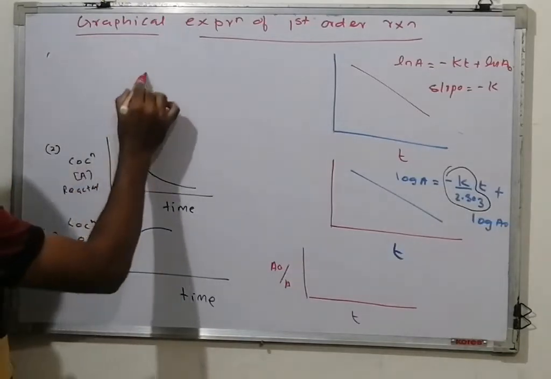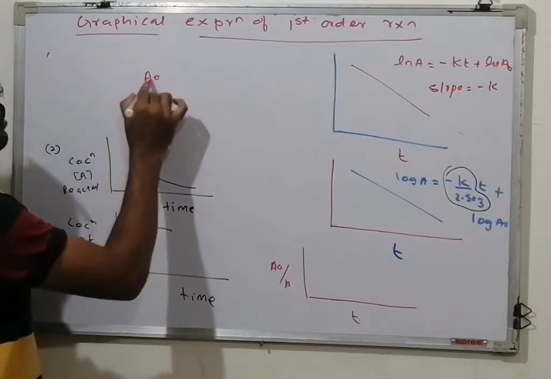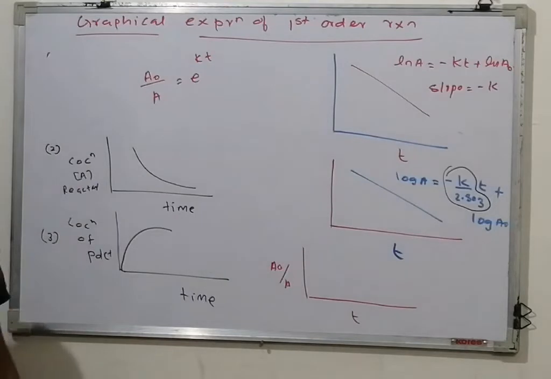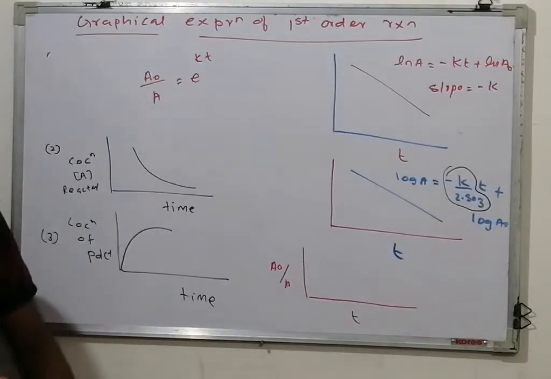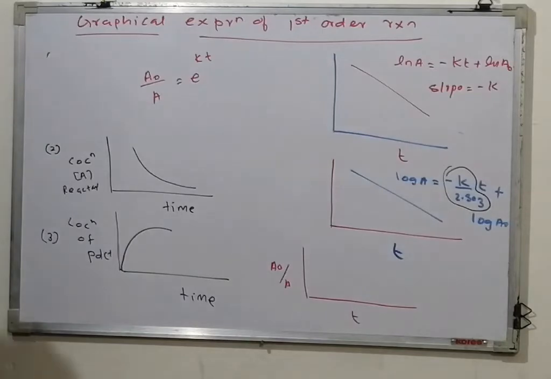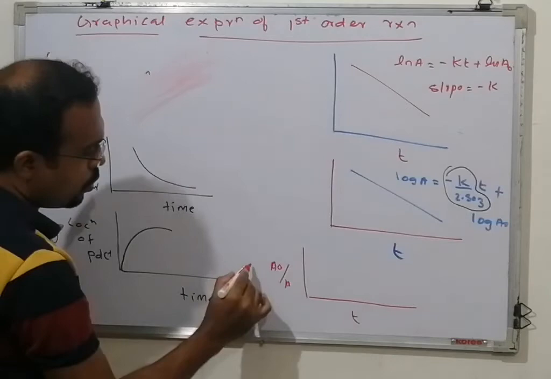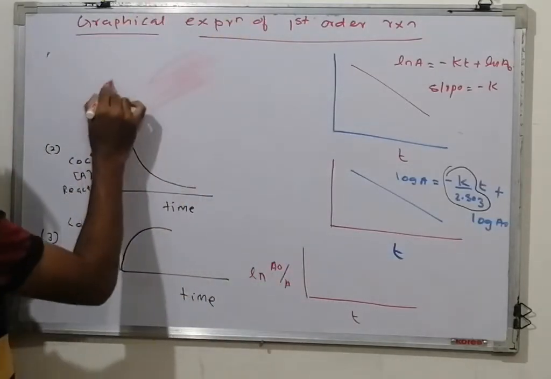A0 by A is equal to e raised to kt. We have such an equation. So that is an exponential increase.